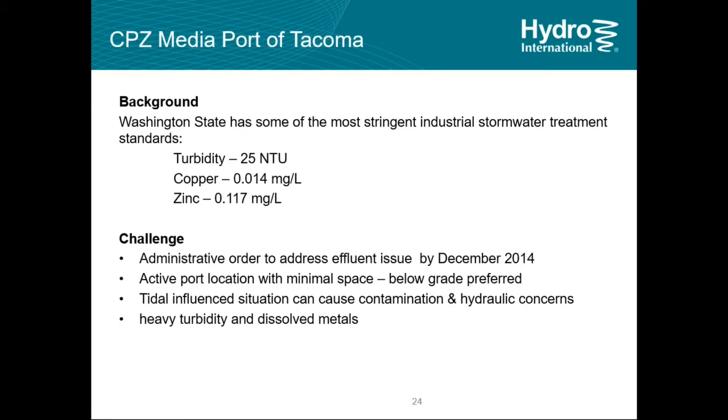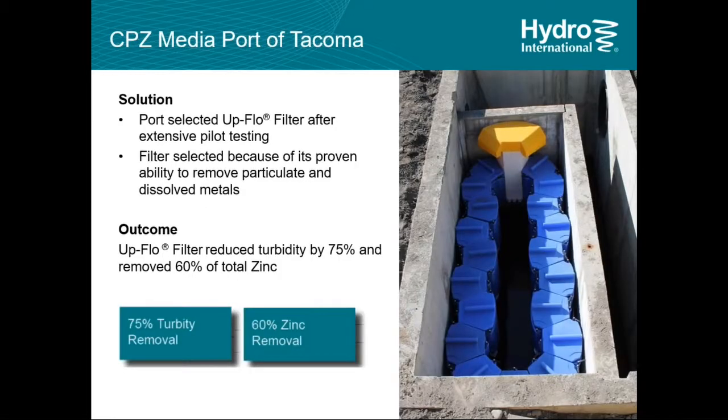This was on the bay, of course, since it's a port, and was tidal influenced. This has all sorts of issues from a hydraulic concern, also seawater contamination of media. And the load itself was a huge area, heavily trafficked, with turbidity, dissolved solids, just a heavy load.